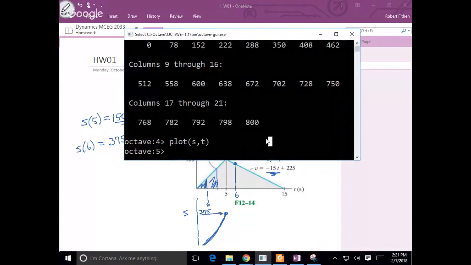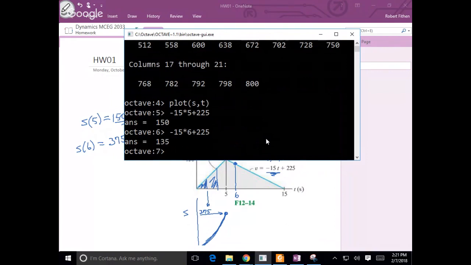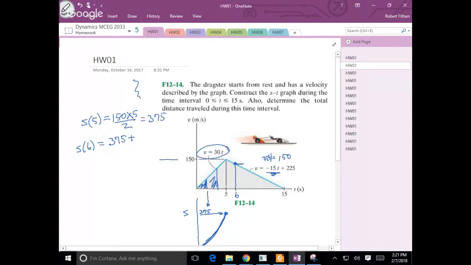So let's see. Times 5 plus 225 should be 150. Now, this should be 135. So at this point, this should be 135. If that's 135, then the added area would be, take the average. Does that part make sense to you?